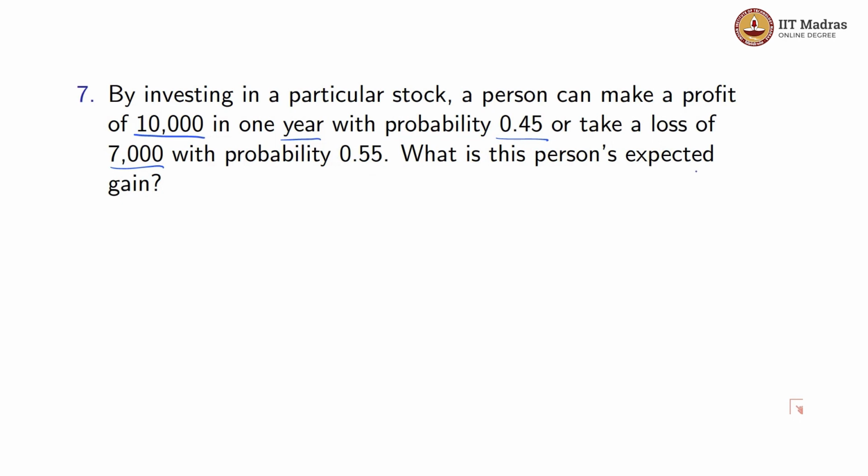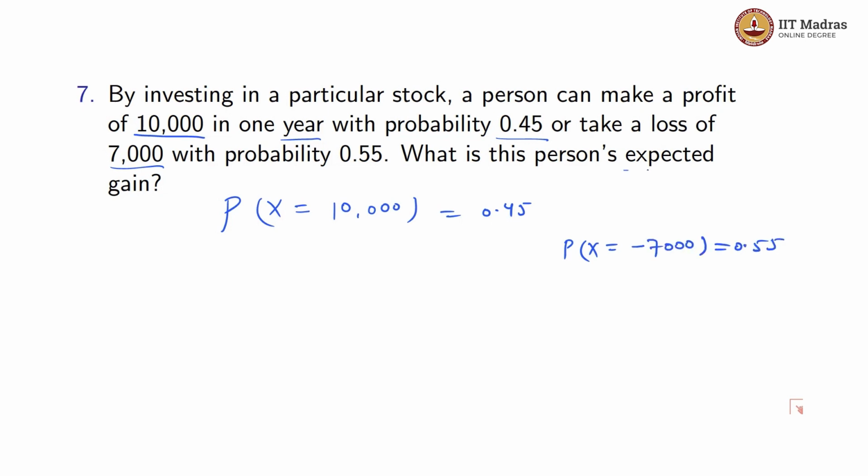So again, we can say x denotes the random variable that represents the profit, and we treat loss as a negative profit. So the probability that it takes value 10,000, that is, makes a profit of 10,000, is 0.45, and the probability that it takes a loss, that is, a negative profit of 7,000, is 0.55.